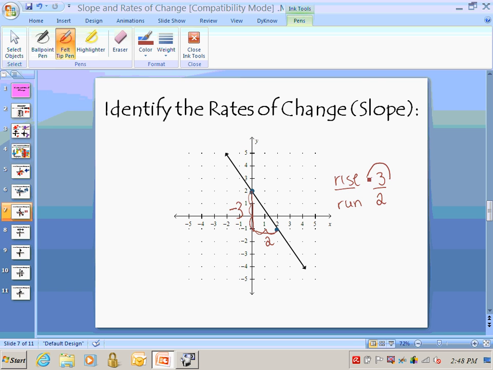Now if you'll notice, this number is negative. Negative 3 over 2. Anytime your line, as your x increases, if your y is decreasing, so basically your rise is negative, we're also going to say that this graph has a negative slope. Okay, so just a little hint for you.